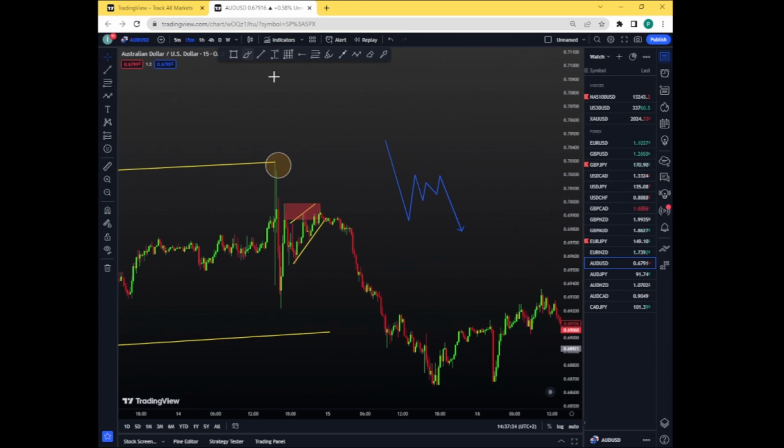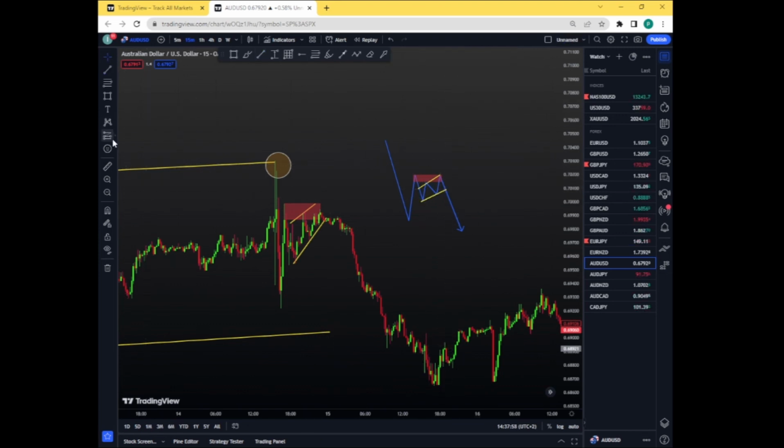So here we have a double confirmation: price created an impulse, and price created a continuation. In creating that continuation, it created a double top here, and within that double top, there was also an ascending pattern.